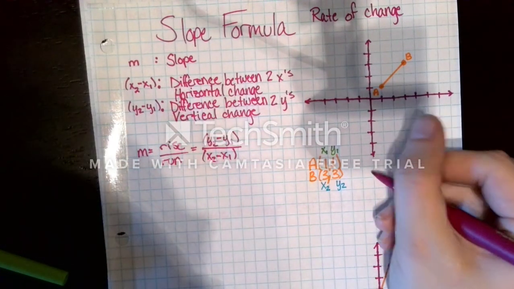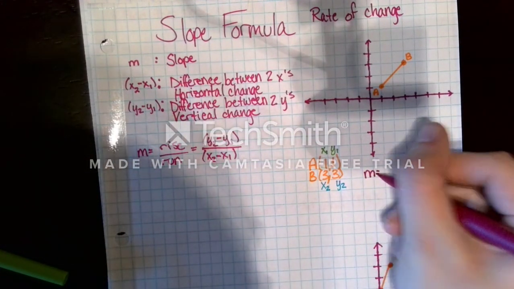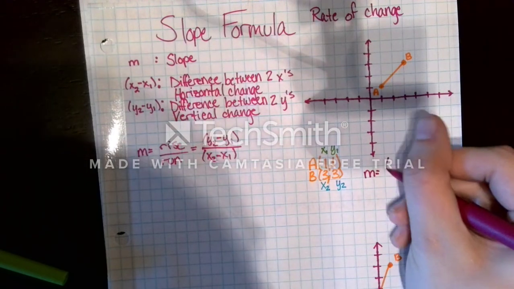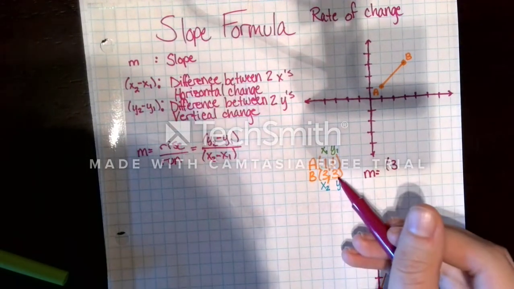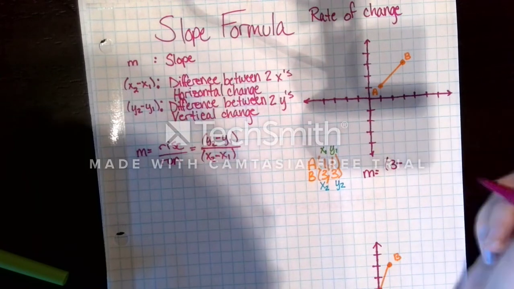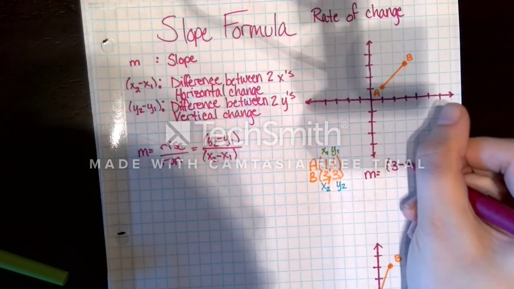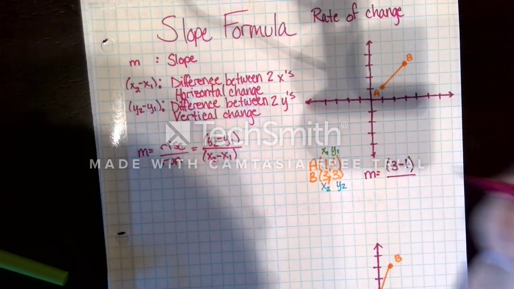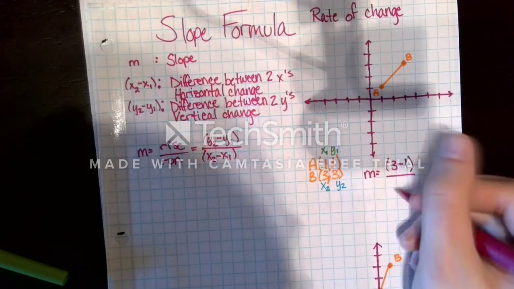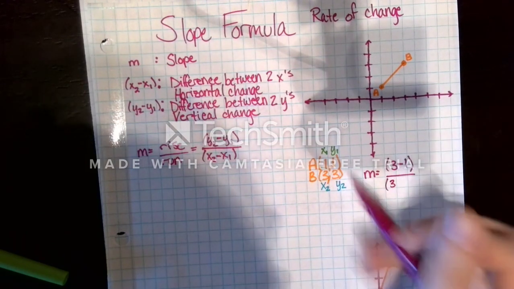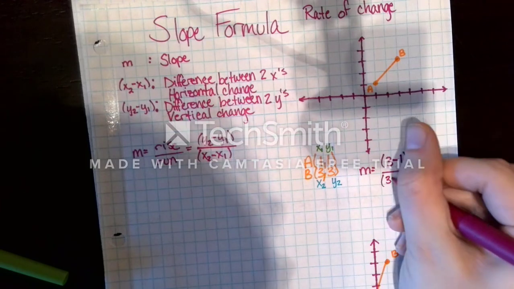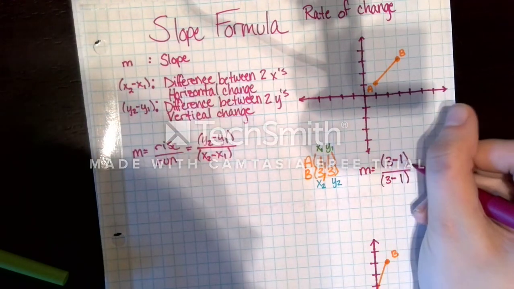So in this case, our slope is equal to 3 from y2 minus y1, which is 1, divided by our x2 of 3 and our x1 of 1.